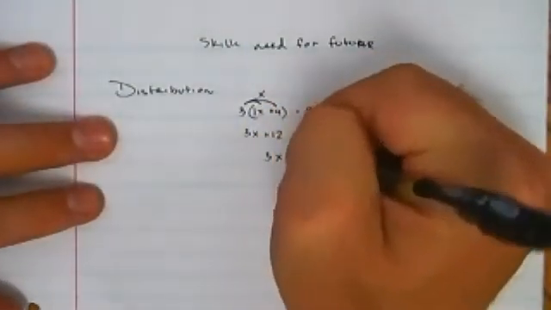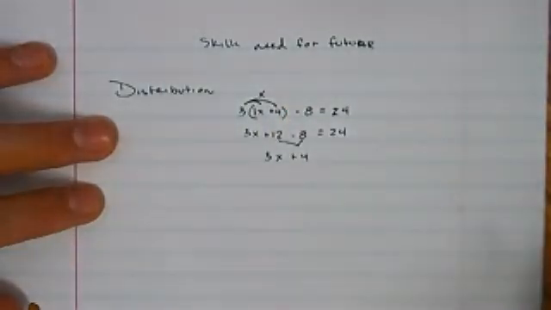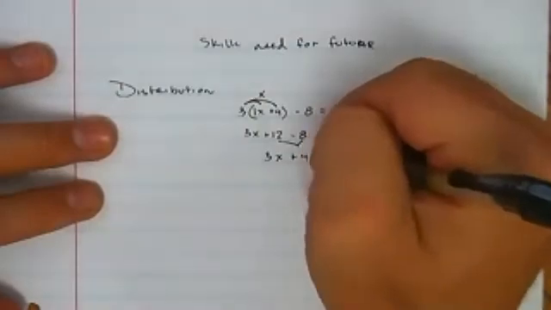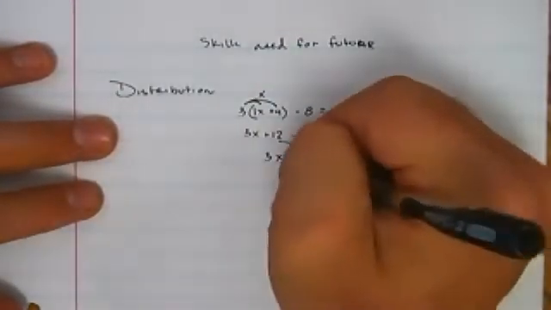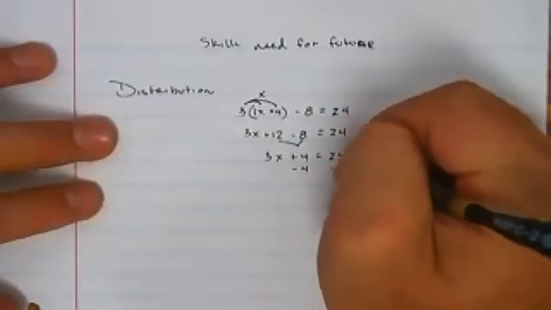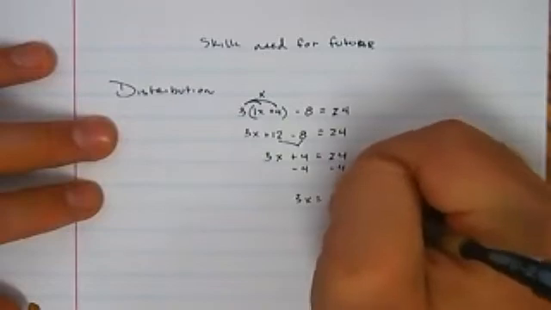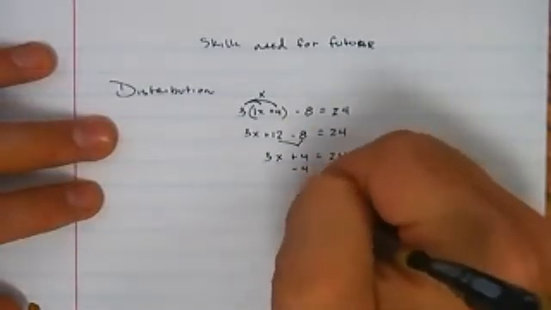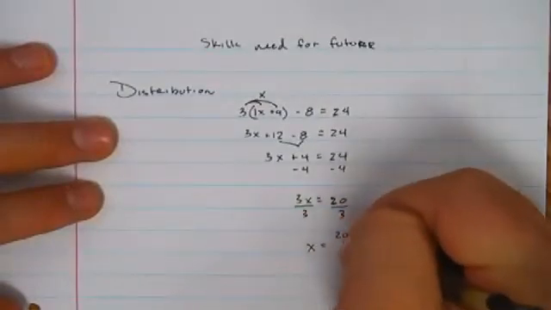3 might not have been the best choice there, but it's okay. So 3x plus 4, because now we are combining like terms, equals 24. So we would subtract the 4 from both sides, and we have 3x equals 20. In this case, we'll divide by 3, and we would get x equals 20 thirds.